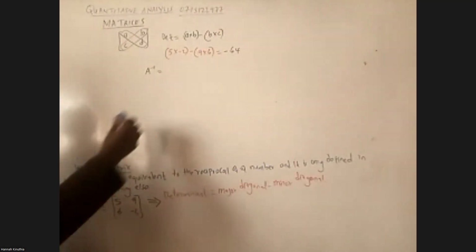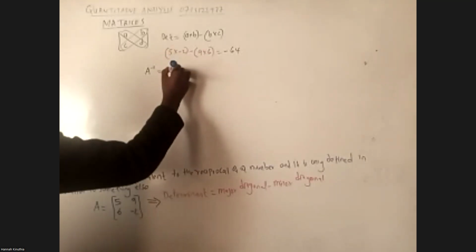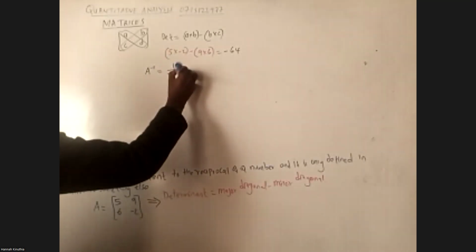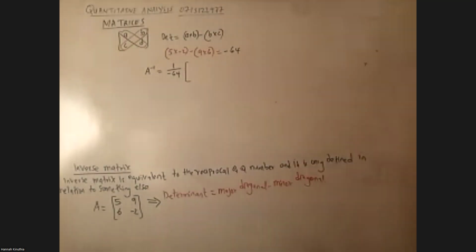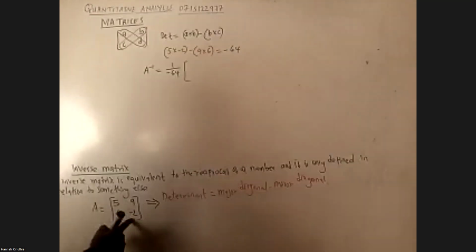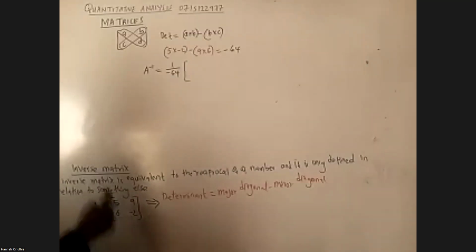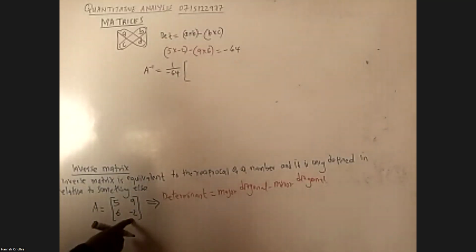So it will be 1 over minus 64. Then we open the bracket, then we interchange the items in the main diagonal.